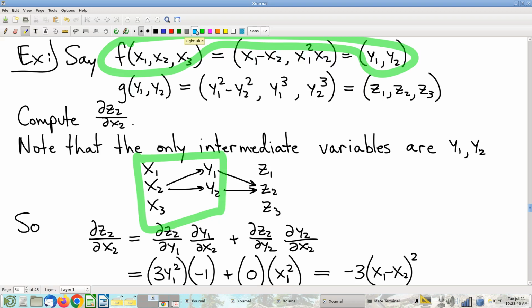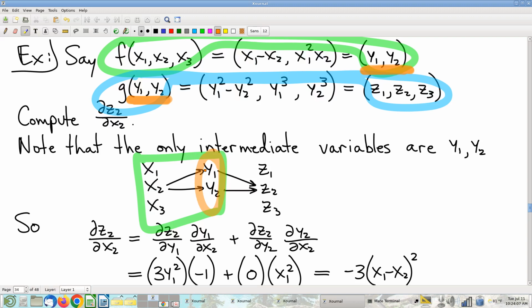Now G says right here, it takes y1 and y2 as inputs. Oh, hey, whoa, slow down. The things that came out, I shouldn't use blue for that. The variables that come out of the f function are the variables that go in to the g function.